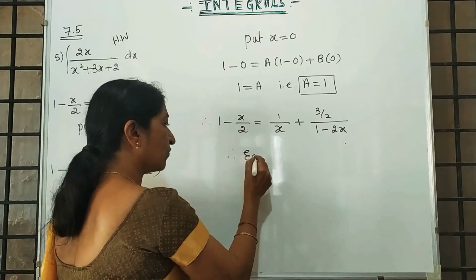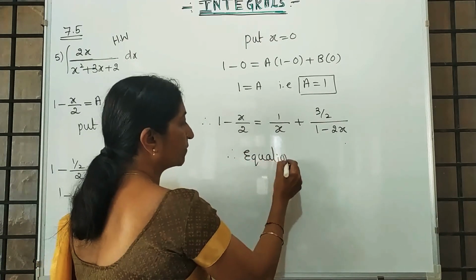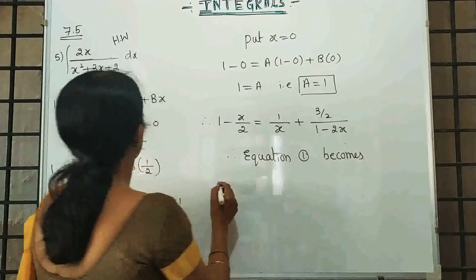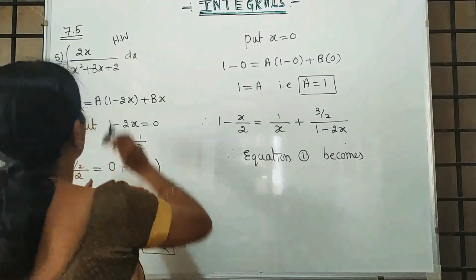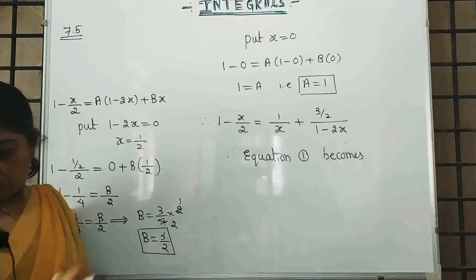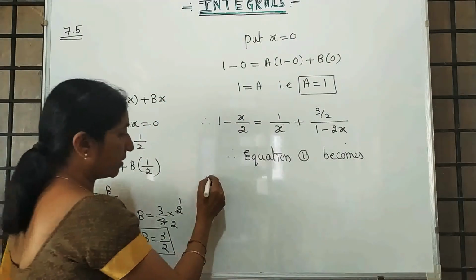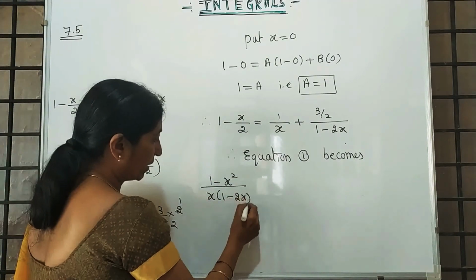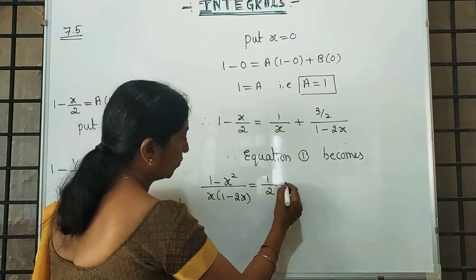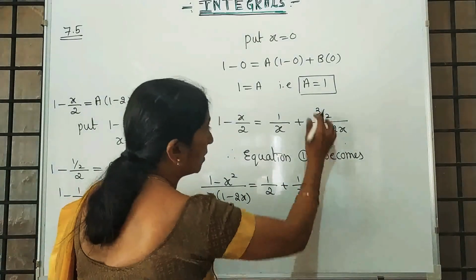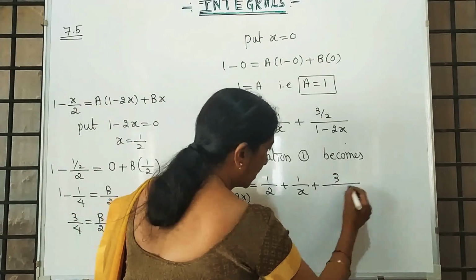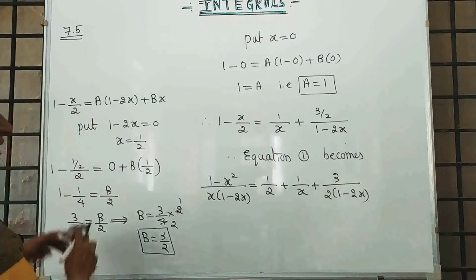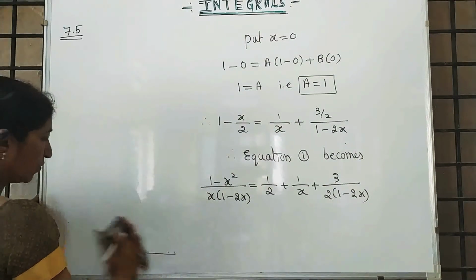Therefore equation 1 becomes 1 minus x square divided by x into 1 minus 2x is equal to 1 by 2 plus 1 by x plus 3 by 2 into 1 minus 2x. Now integrate both the sides with respect to x.